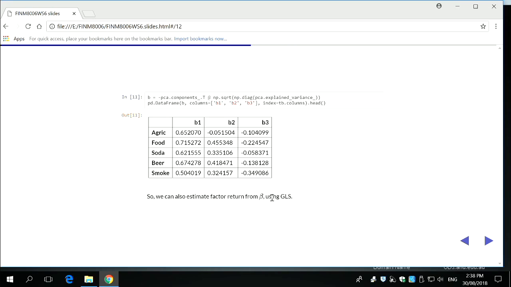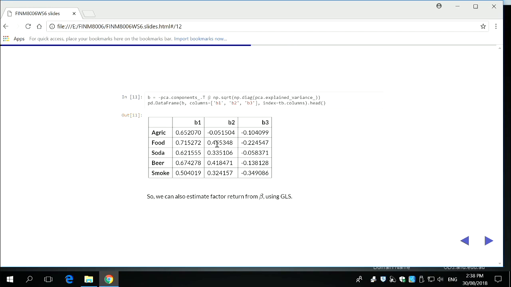If you're interested, it's basically putting omega inverse into the x prime x, x prime y. So instead of x prime x inverse times x prime y as the estimate for OLS, you'll have x prime omega inverse x, inverted, times x prime omega inverse y. So it's weighted by omega inverse. But I will skip the details about this.